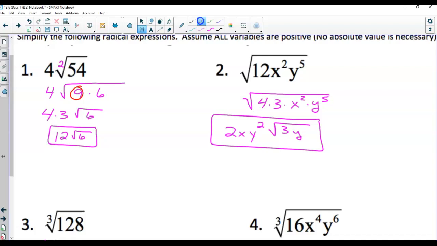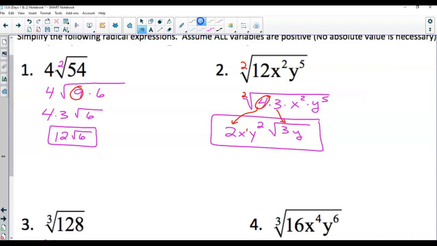Number 2, I see the number 12. Again, these are square roots because when it's invisible, there's nothing there, it's a square. I'm breaking 12 into perfect squares, so I know the square root of 4 is 2. 3 stays under the root. Well, I think of, because this is a 2, how many times does 2 divide into 2 evenly?